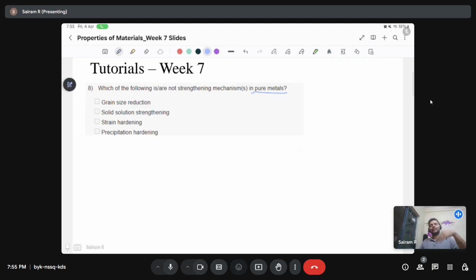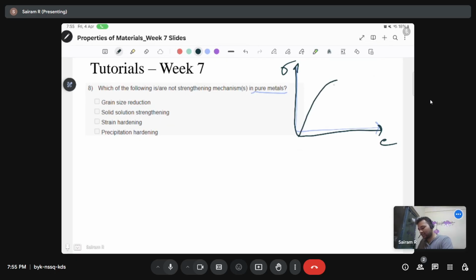Once you strain your material, once you take it beyond the elastic limit once, and then I come back to zero stress regime. But now if I want to plastically deform my material, so let's say this was sigma y1 initially.